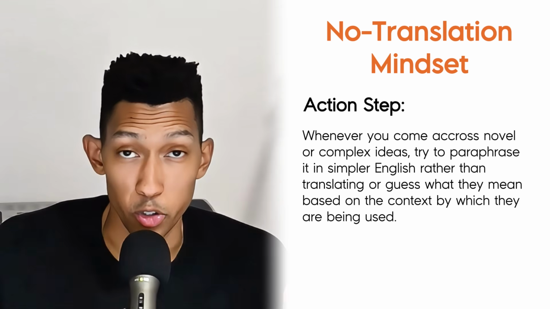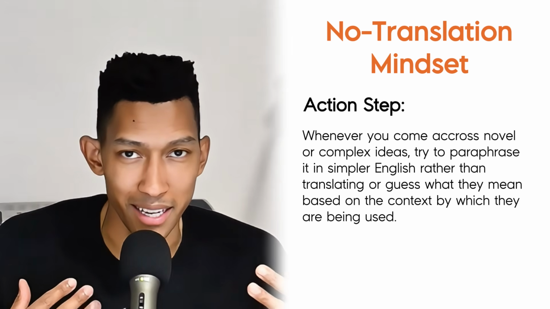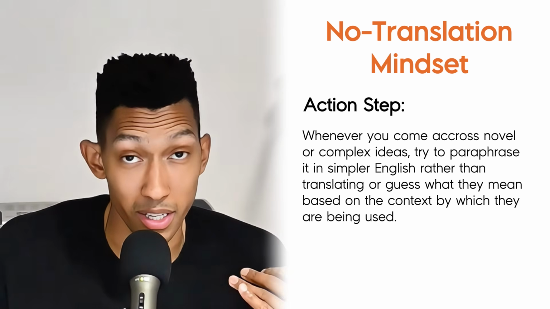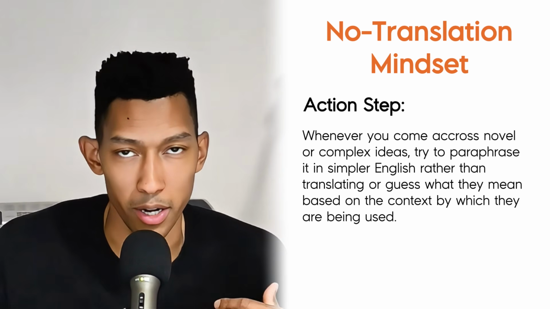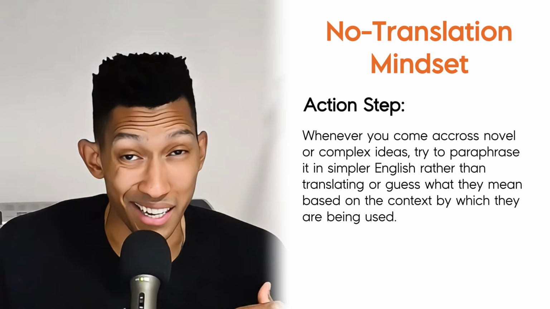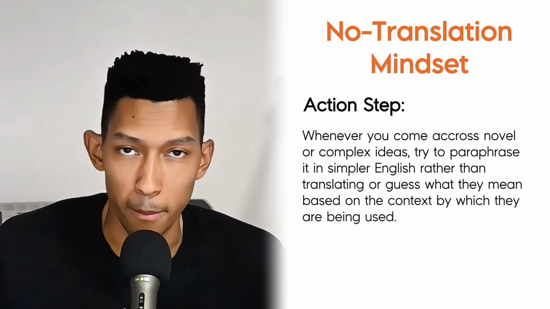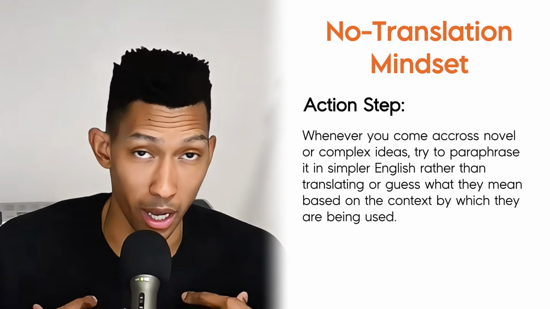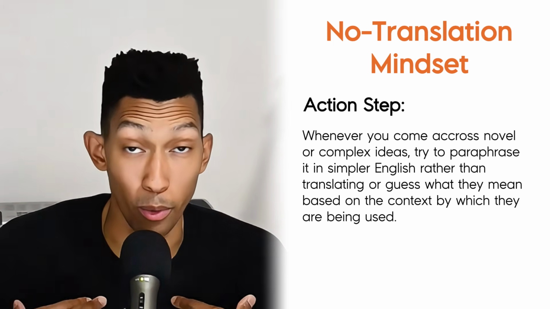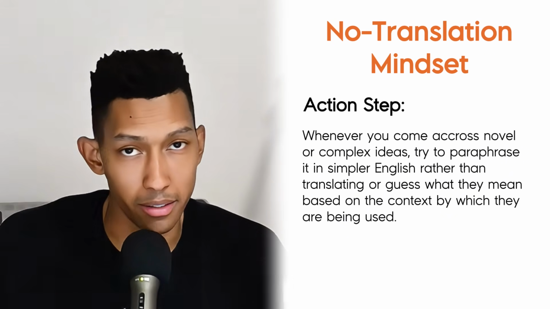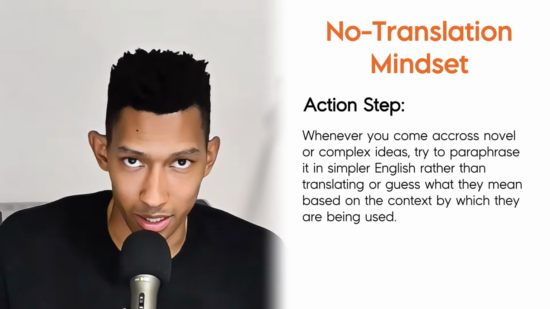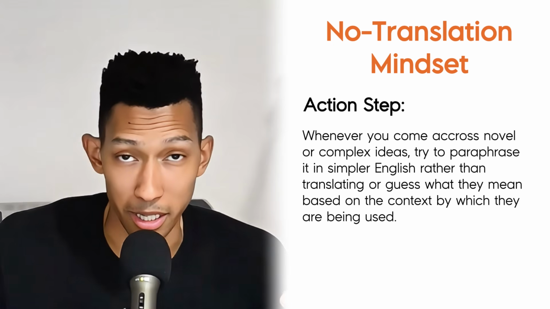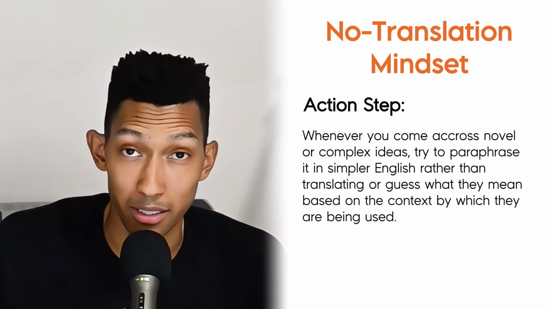A, you're going to try to paraphrase it and dumb it down, as we would say, in English and try to work your way through the definition in English. Or B, which is what I've done when I had to learn a new language and what I'd recommend you do, is try to guess what the new word or expression means based on the context by which it is delivered.